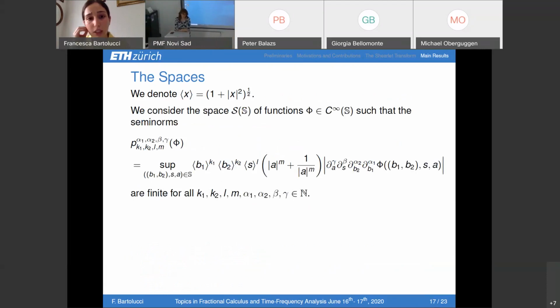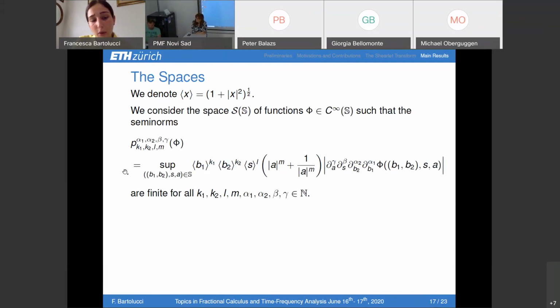So then we introduce the other test function space on the group. S is a sort of Schwarz space on the Shearlet group, a space of C infinity functions such that this family of semi-norms is finite.